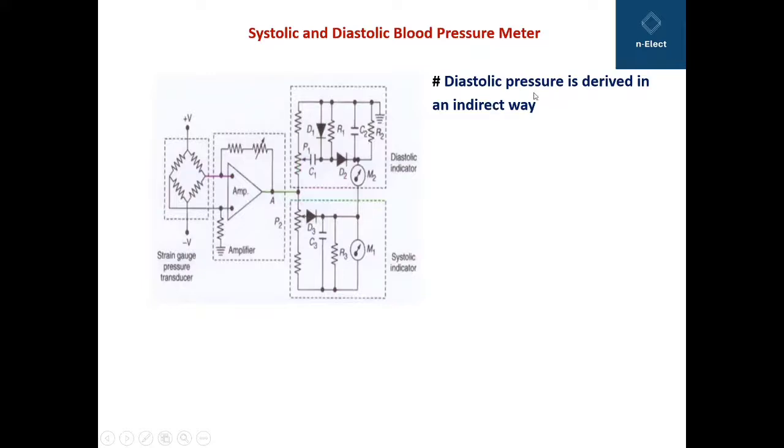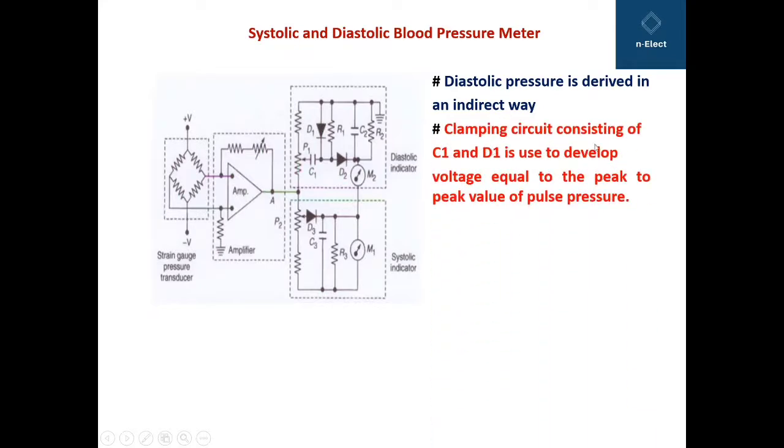As far as the diastolic pressure is concerned, it is derived in an indirect way. A clamping circuit consisting of capacitor C1 and diode D1 is used to develop a voltage equal to the peak to peak value of the pulse pressure.